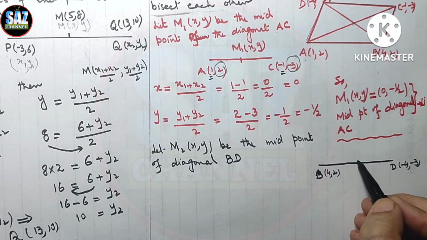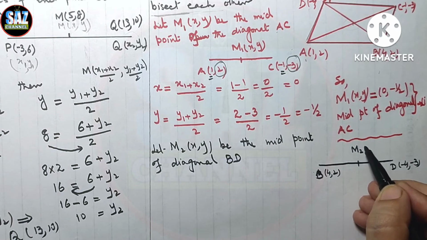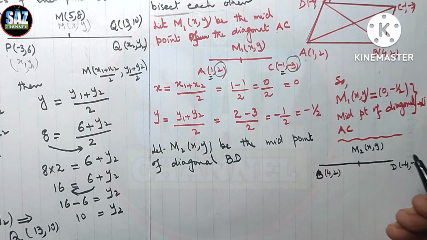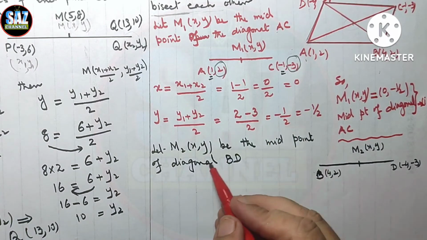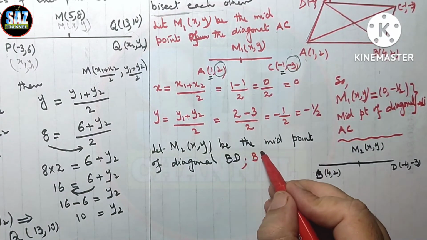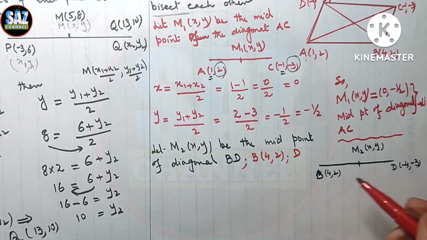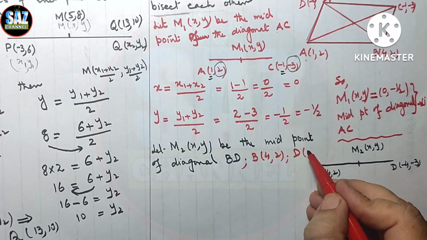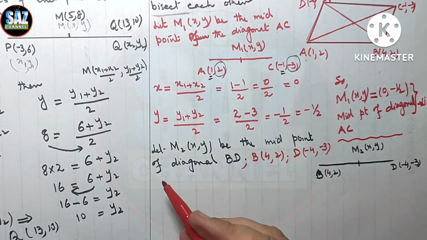Again we have to suppose, as we selected M1 for that, so M2(x, y) be the midpoint of the diagonal BD. B has the coordinates (4, 2), and D has the coordinates (-4, -3).